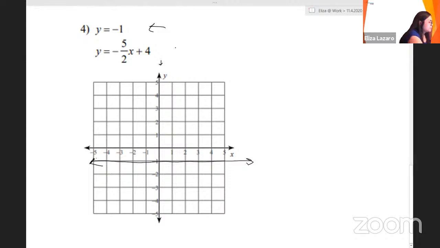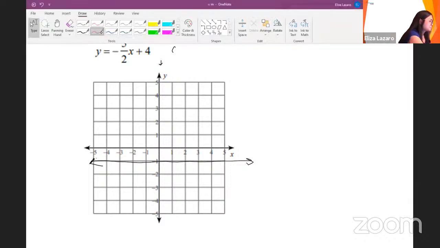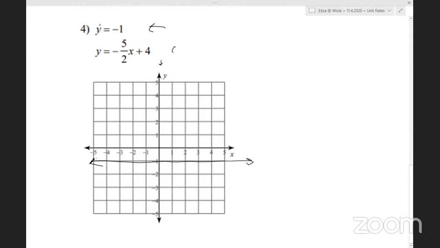For the next one, y equals -5/2 x plus 4. So how are we going to graph that one? 4 is our y-intercept. So we can plot that. And our slope is -5 over 2. Yep.